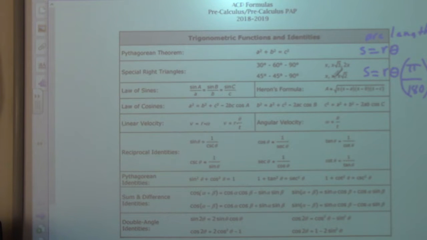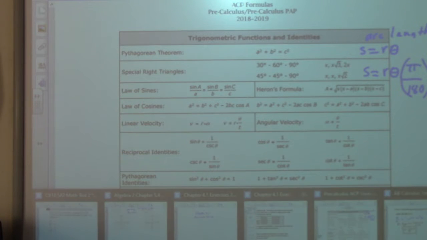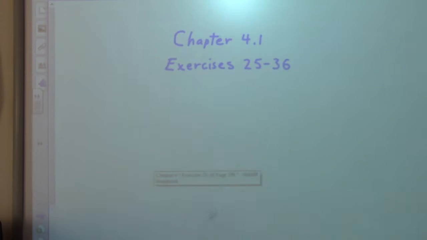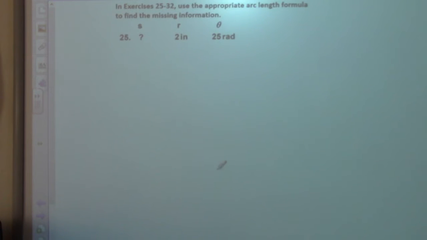So now we get to our exercises for today, which are going to be employing the arc length formula. It says, problems 25 to 32, use the appropriate arc length formula to find the missing information. Our formula is going to be S equals R times theta.